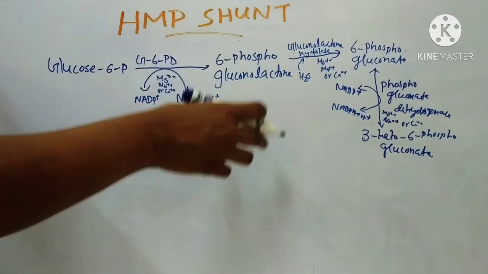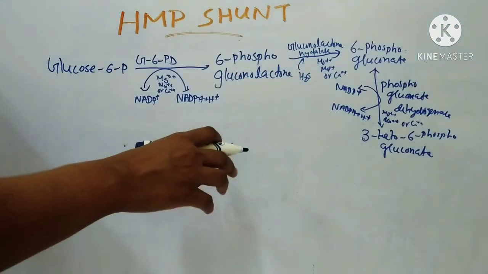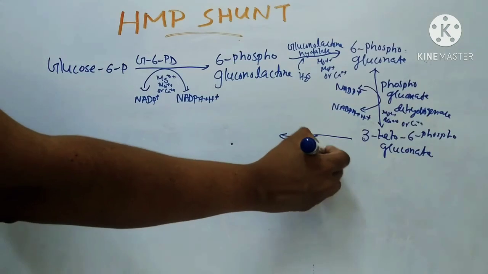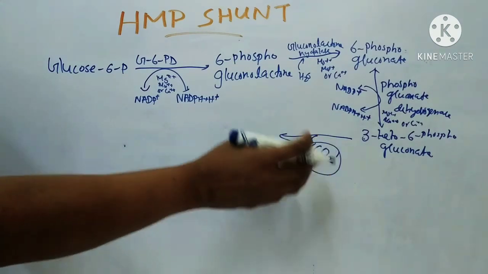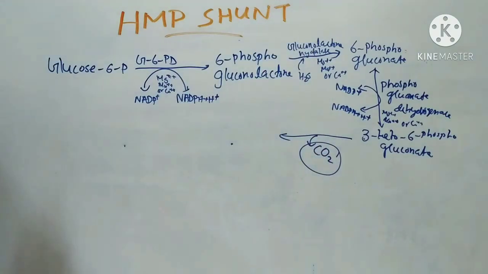Then the second step: 3-keto-6-phosphogluconate undergoes decarboxylation, that means carbon dioxide is released. So in the HMP shunt there will be formation of carbon dioxide.